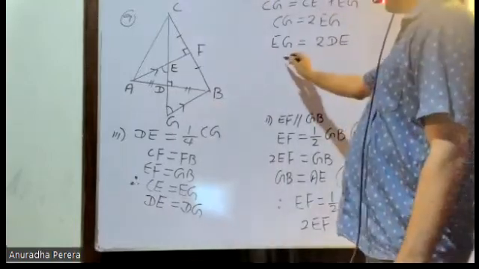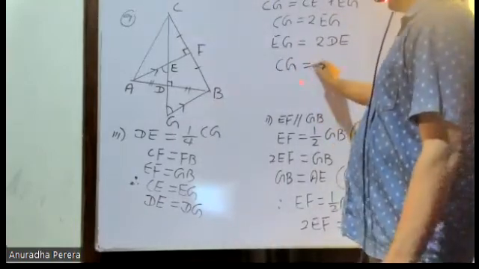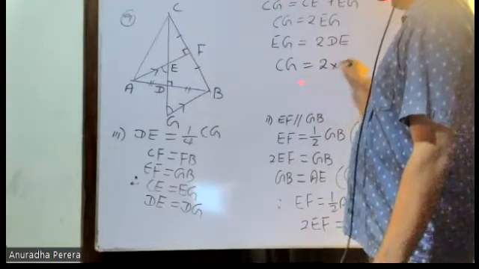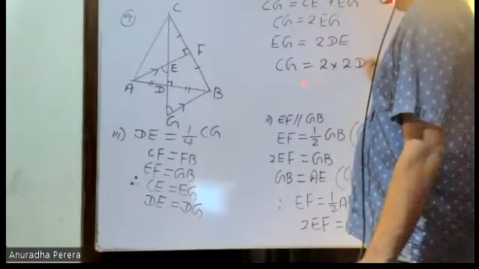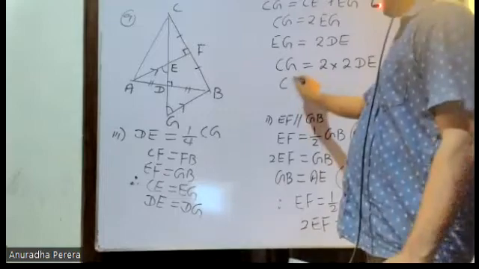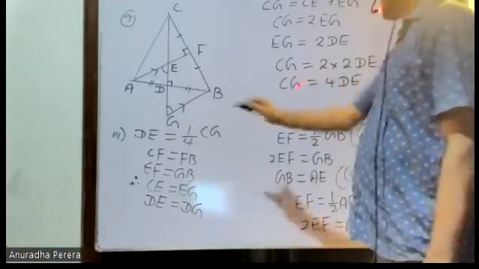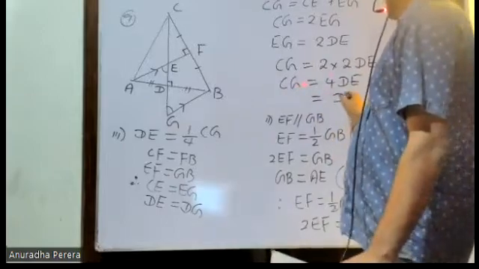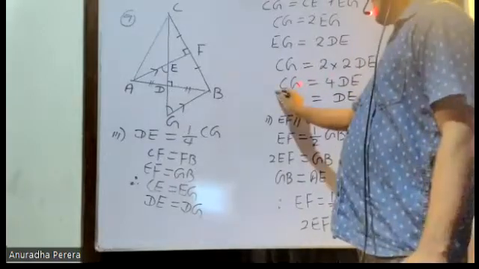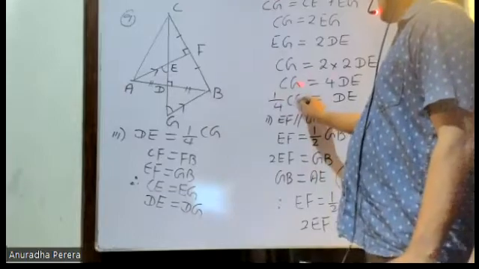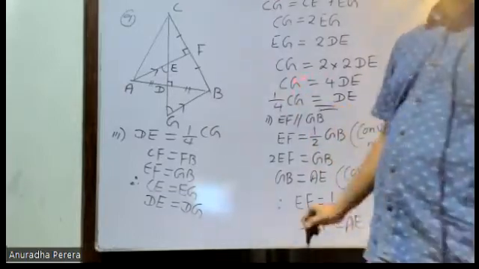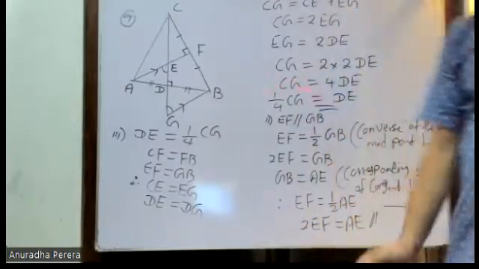You can substitute it. CG equals 4 times DE. Your answer is DE equals 1/4 CG. To find this answer, you have 2 marks.